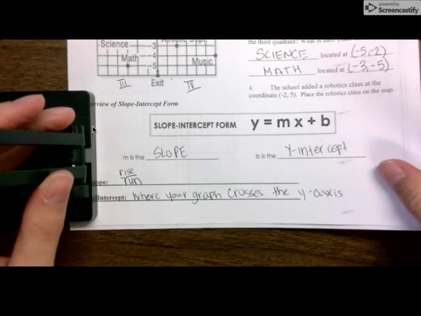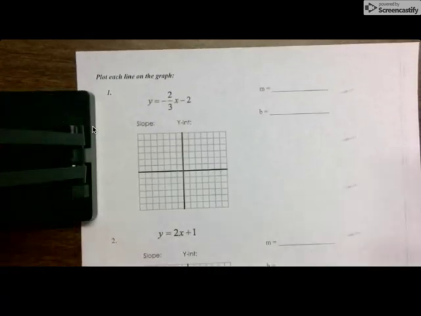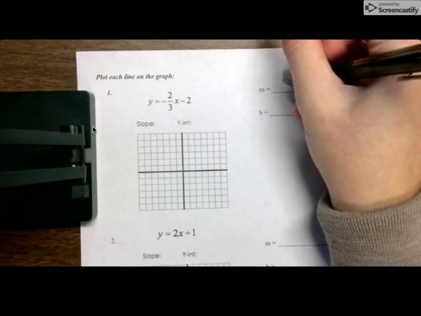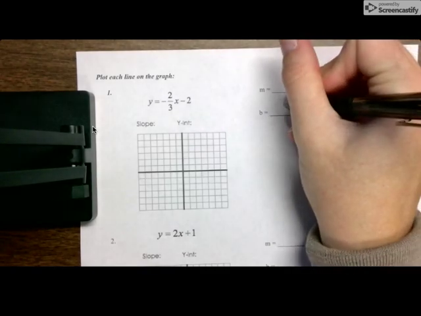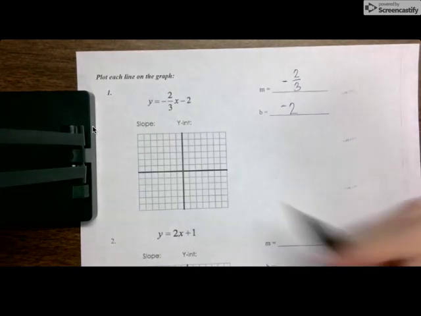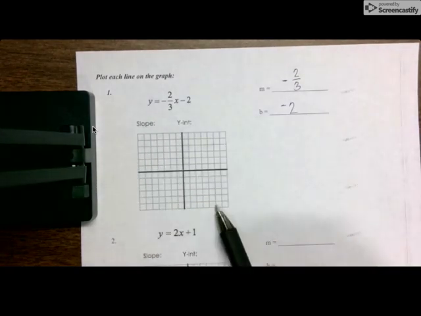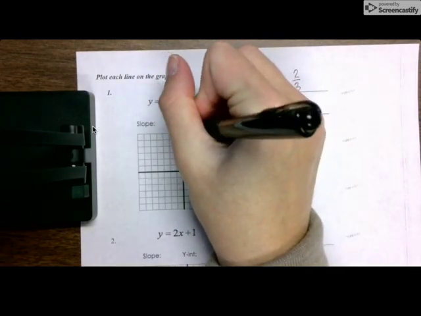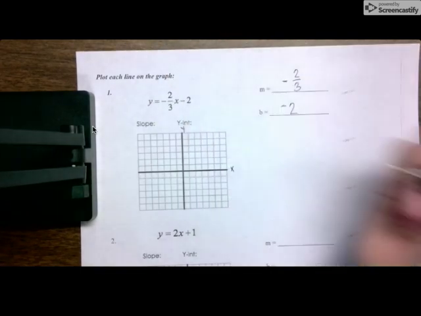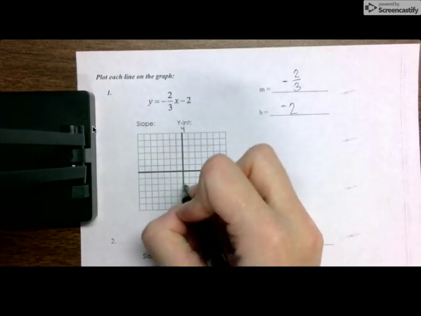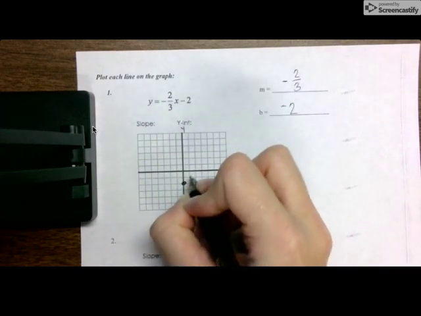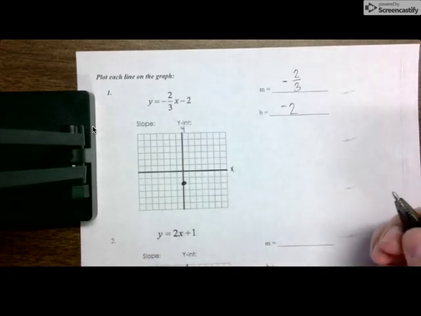Okay, so looking at page 2, there's just 3 of them, not that bad. Your m is next to x always, so that's -2/3. Your b is -2. So if this is your graph, this is your y, this is your x, so your b is your y-intercept, so it crosses at -2, right? 0, 1, 2.